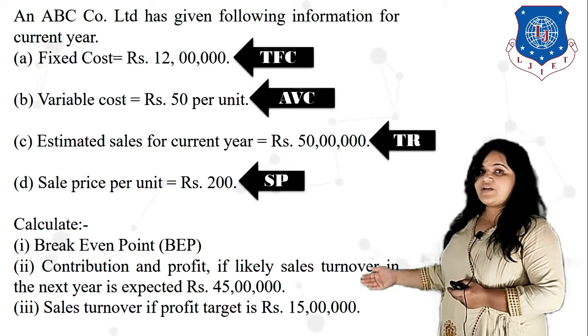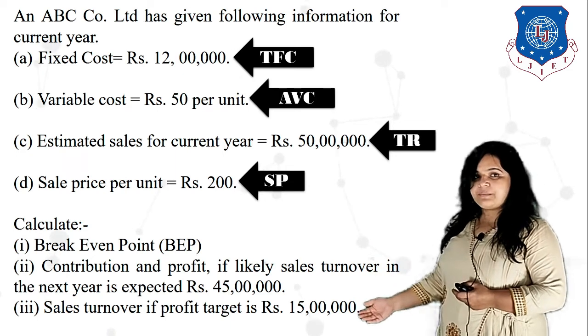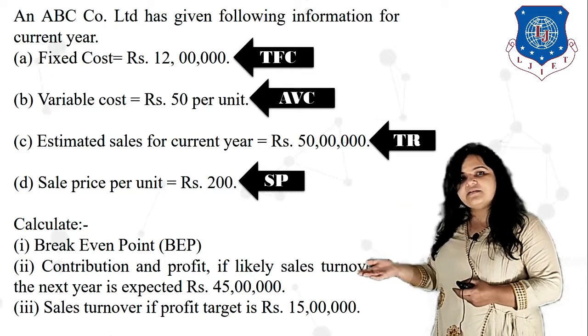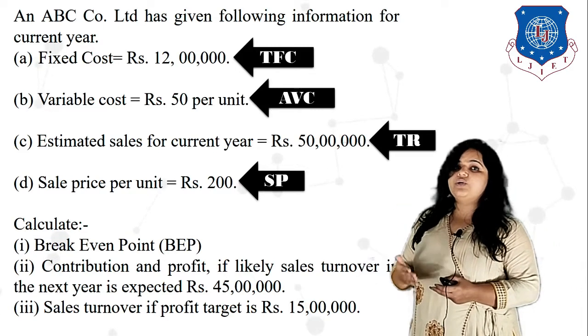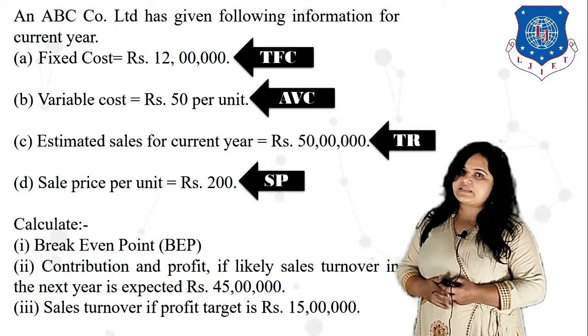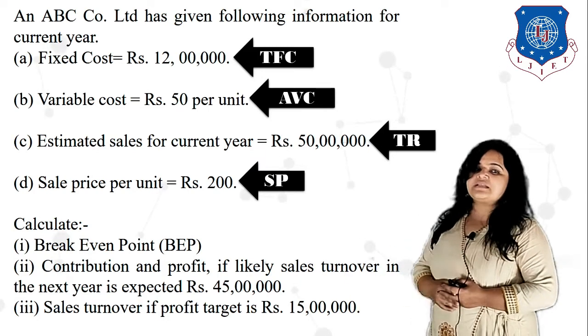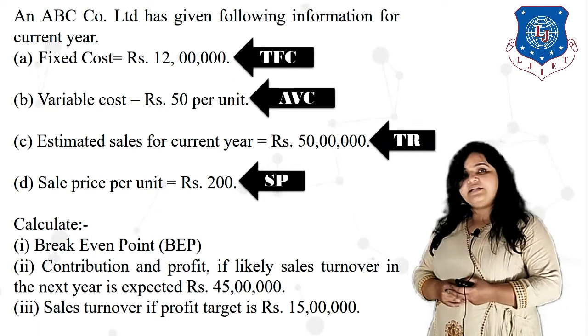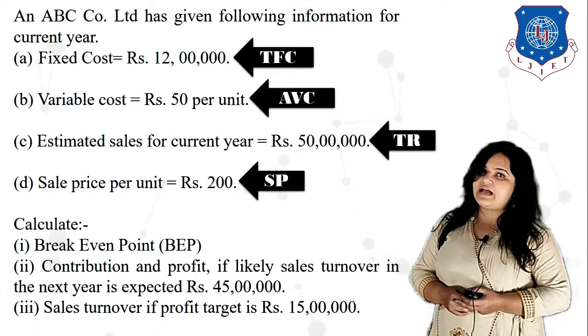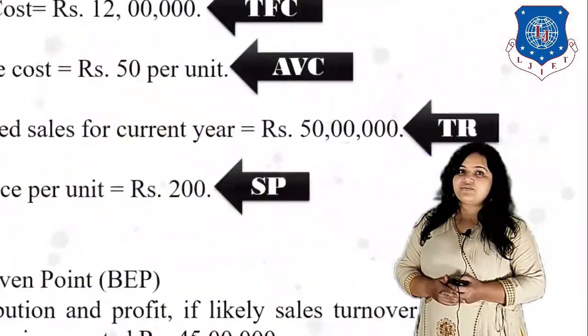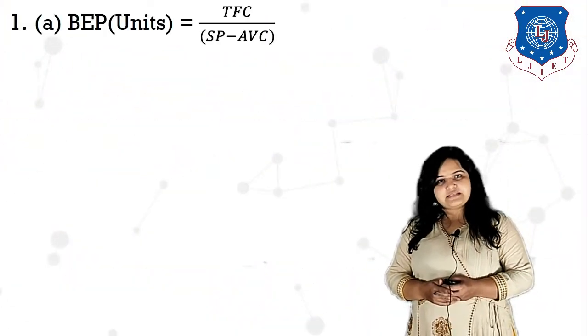The second question is to find contribution and profit if likely sales turnover in the next year is expected to be rupees 45 lakhs. We'll talk about that question later on. The last question is sales turnover if profit target is rupees 15 lakhs. We would solve each of these one by one, starting firstly with break-even analysis.